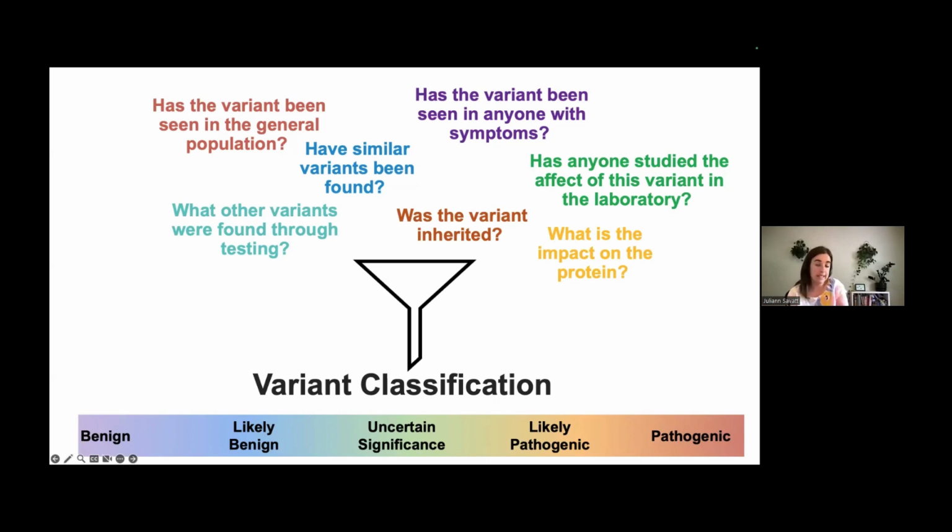Is it new and unique in that individual? What does the family history look like? How does the variant impact the protein specifically? Does it make the protein shorter? Does it change just one building block? And has anyone studied the effect of that specific variant in the laboratory? Ultimately, they use all those pieces of information to come to a classification on that spectrum from benign to pathogenic.